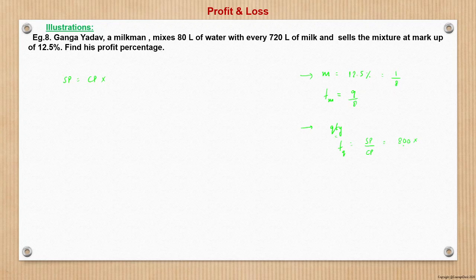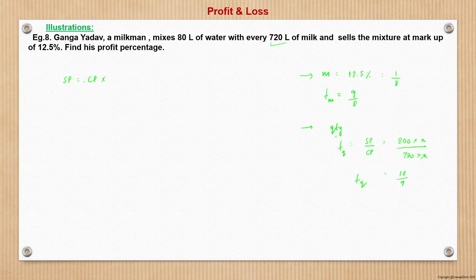And getting a price for 800 liters at say X rupees per unit. However, the actual cost he will be incurring is only for 720 because water is free anyway. So 720 into X, right? So here the factor becomes 800 by 720, which is nothing but 10 by 9. So the factor of quantity is 10 by 9.